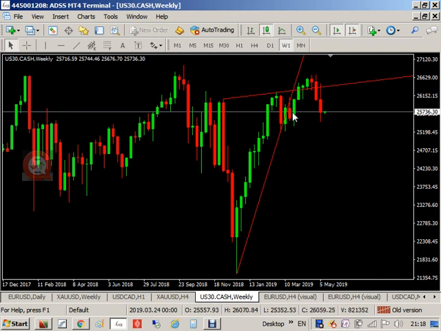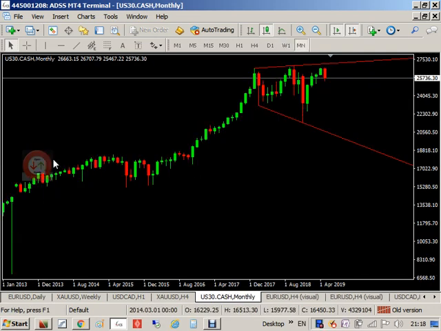instead of going down, but it is already breaking the support and still going down because it is a sell signal, as you see here, sell signal, but whatever is going up, still sell signal. If we go monthly, there's no signal.